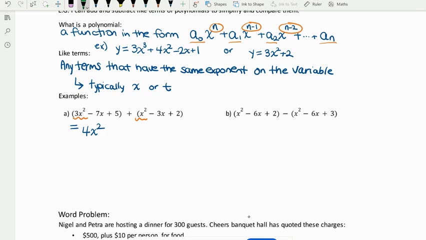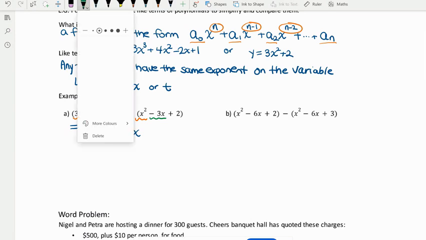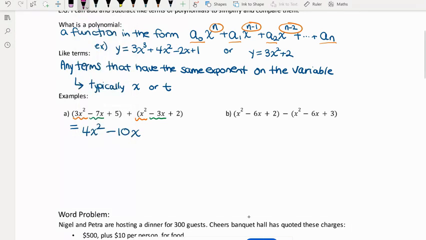If you add the negative 7x and the negative 3x, you get negative 10x. If you add the positive 5 and a positive 2, you get positive 7. So that's just simply called collecting the like terms when you add the like terms together.